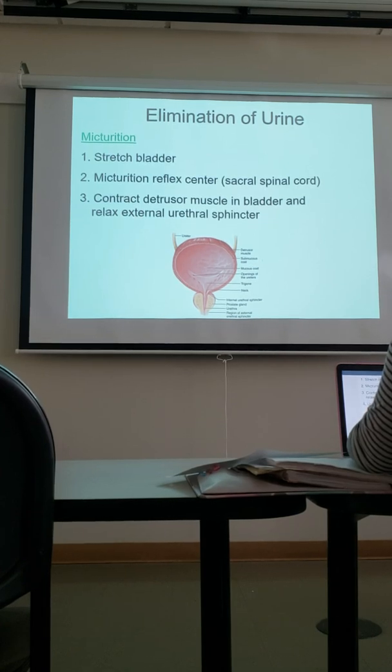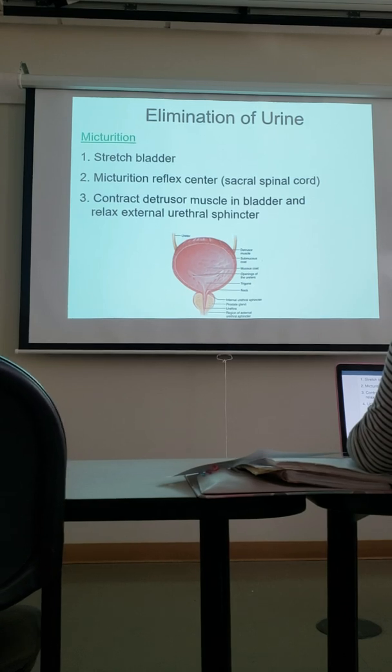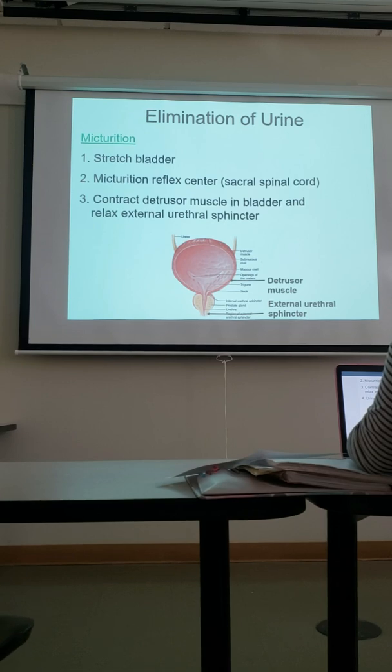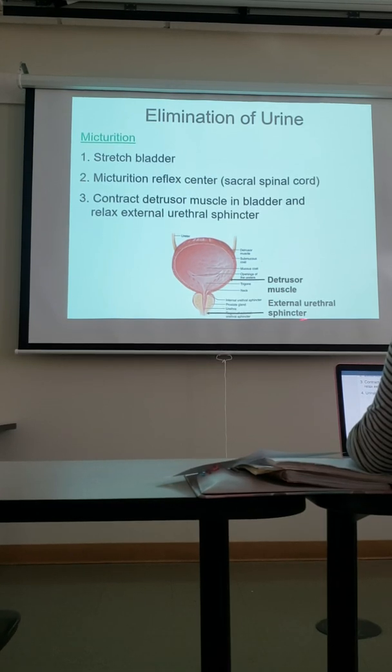Okay, questions on that? All right. So again, two major muscles are involved: the detrusor muscle, which is just part of a reflex, and then that external urethral sphincter, which you can voluntarily control as a healthy adult. If all of that's there, good to go, then you can actually urinate and release your urine.